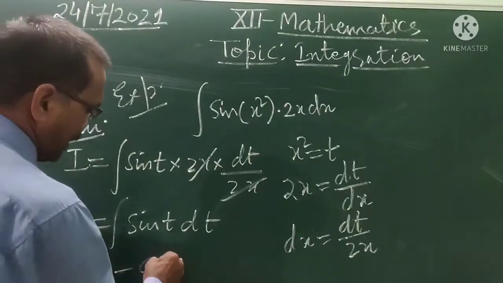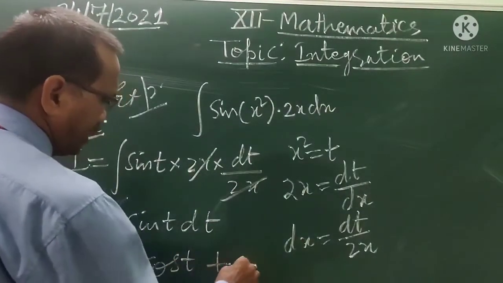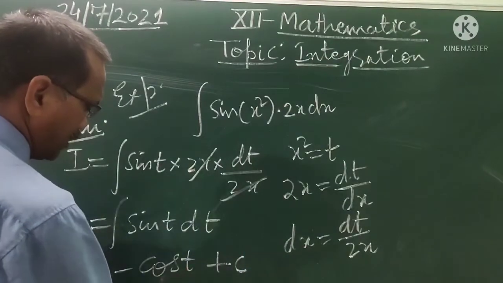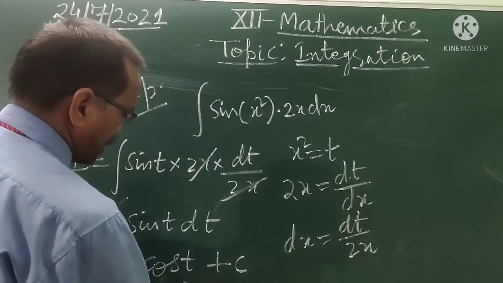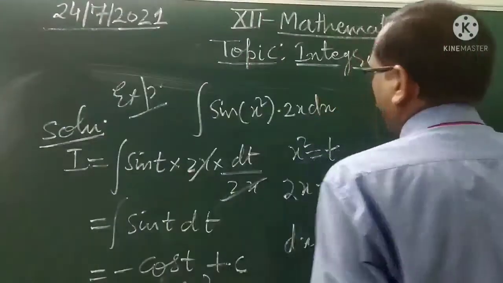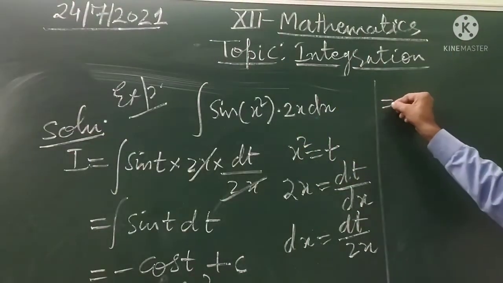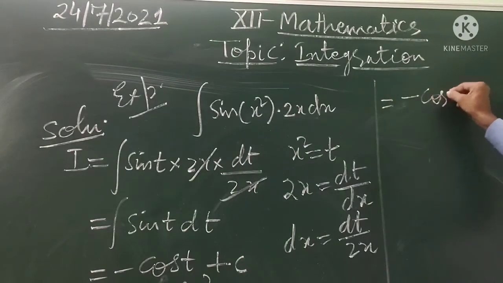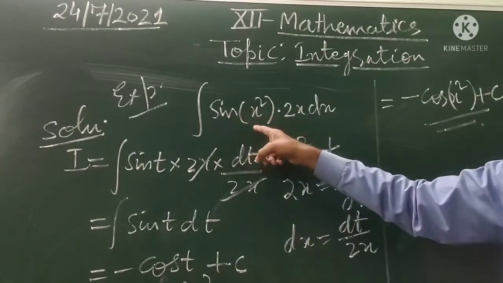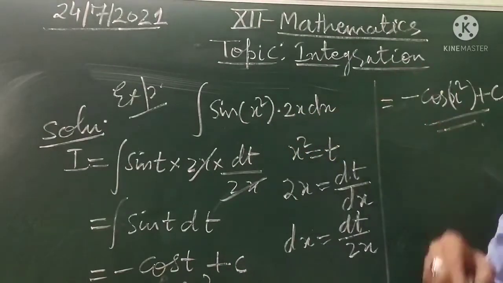So it is minus cos t plus c. Now put the value of t, it is minus cos x square plus c. So the integration of the given function is minus cos x square plus c. It is the integration of sin x square into 2x dx.